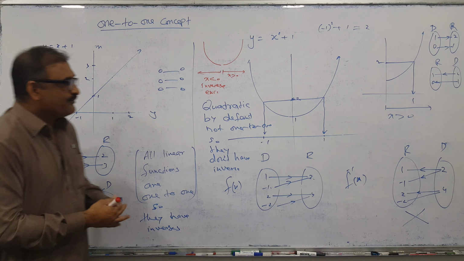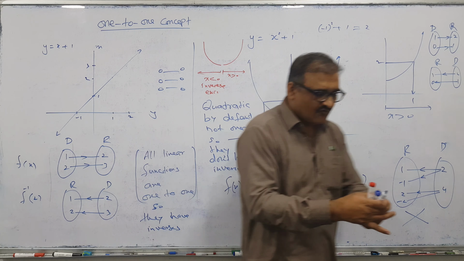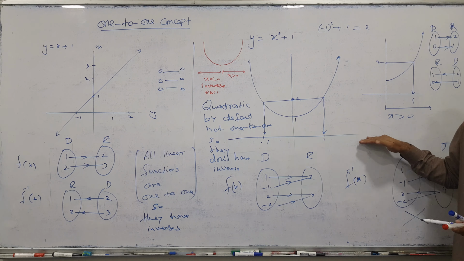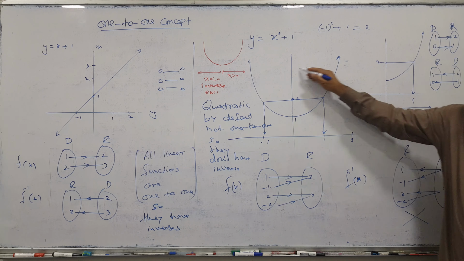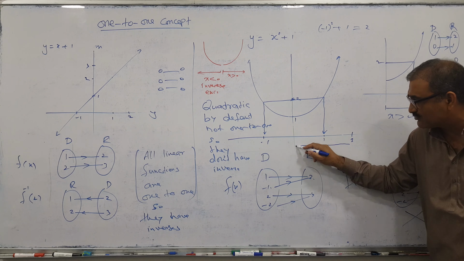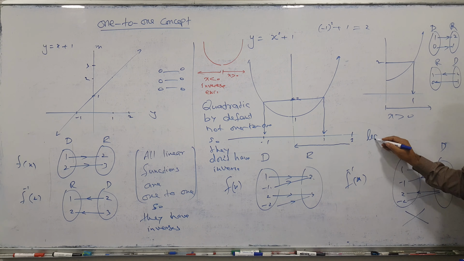Now my question for you: if you are coming from the right-hand side, from this end, where do you have to stop so that the inverse exists? Let's see. I have 2, I have this value, 1, I have this value. I'm coming from this end and I have to stop here. Right or not? What is the least value so that the inverse exists?